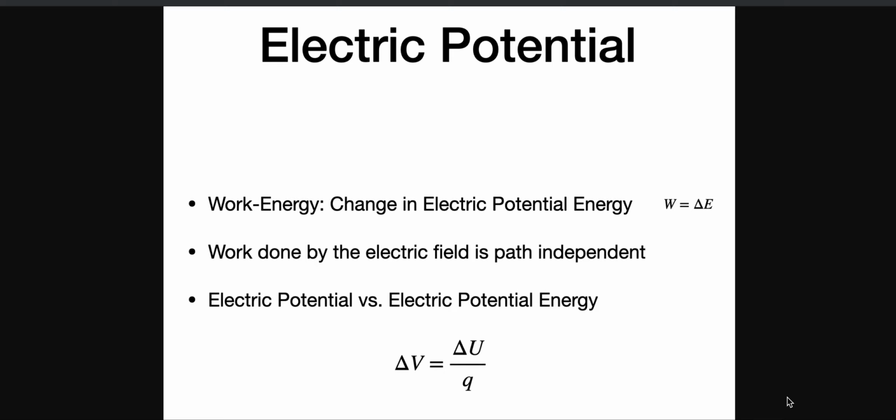So the change in electric potential energy is negative the work done by that force. And then what about the electric potential? The electric potential is just the electric potential energy per unit charge. And that way we don't have to worry about what charge is there and whatnot. It's just the potential, in volts.